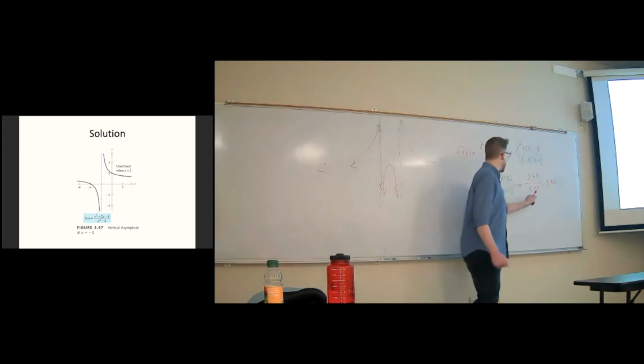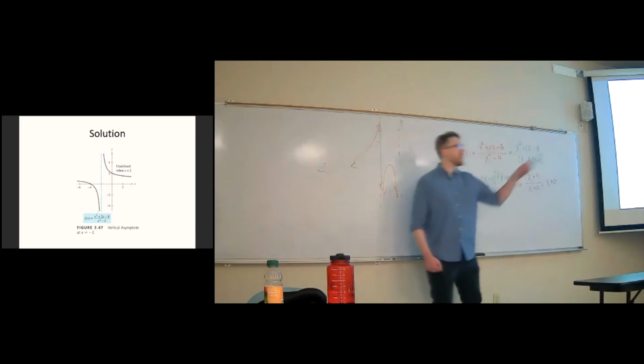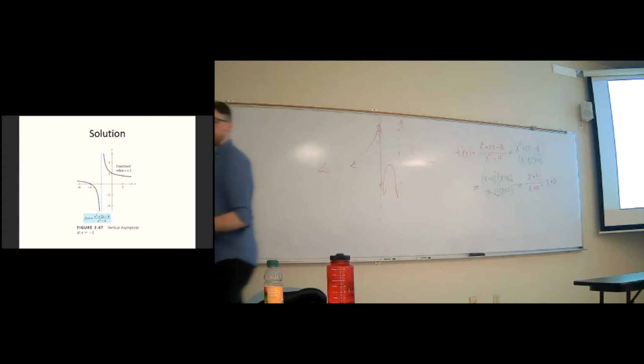Notice the possible asymptote that we couldn't factor out at x equal to -2, that's the one that became an asymptote. I mean the discontinuity, I should say, at x equal to -2 is the one that remained to become an asymptote.